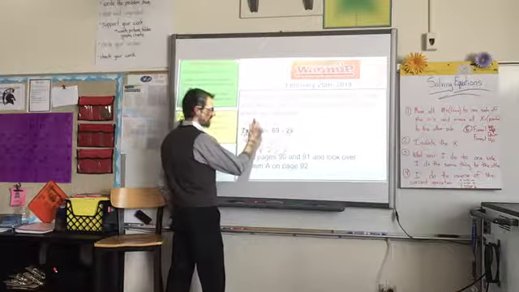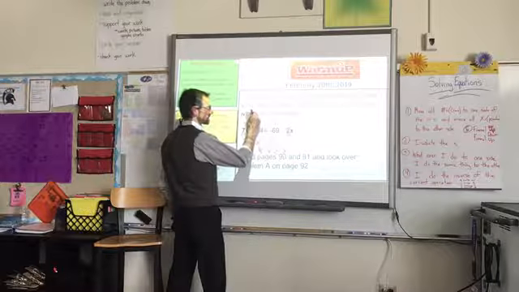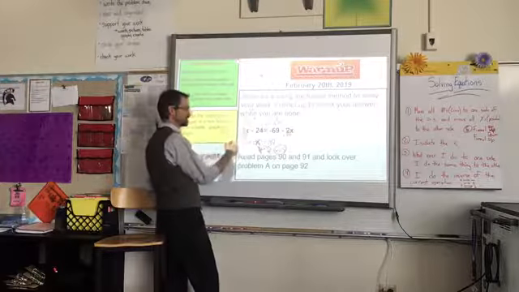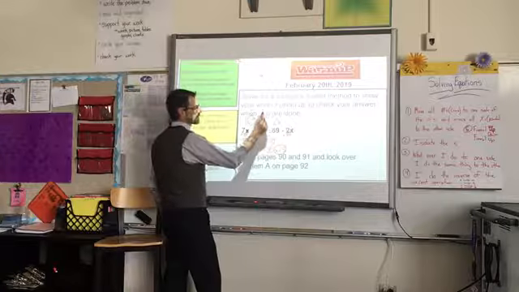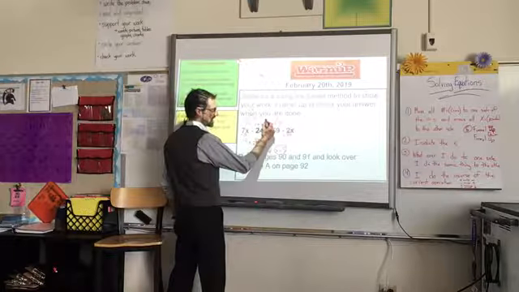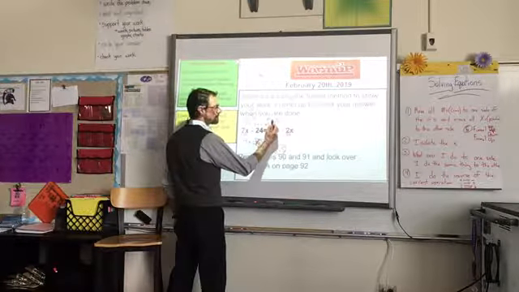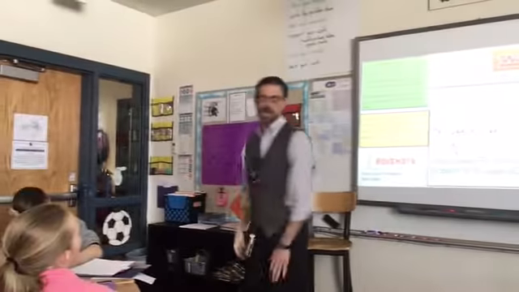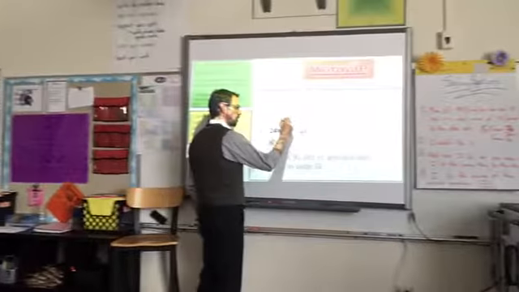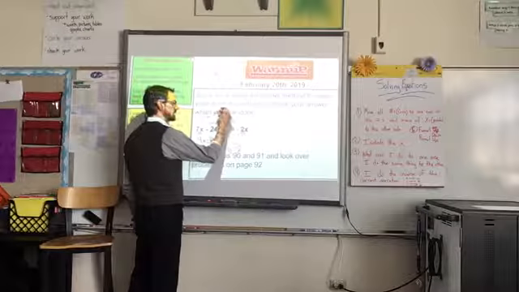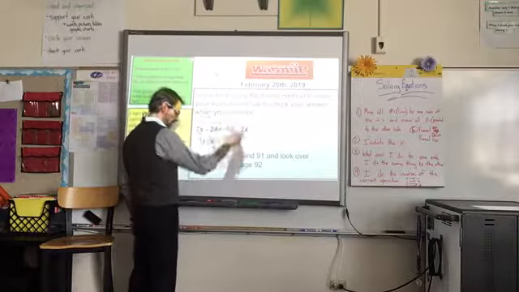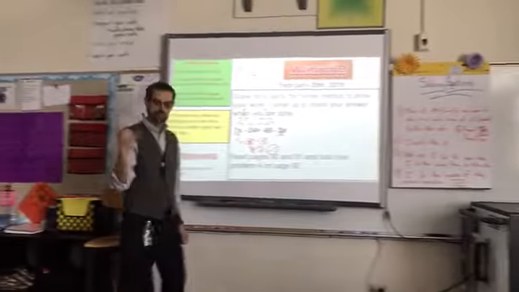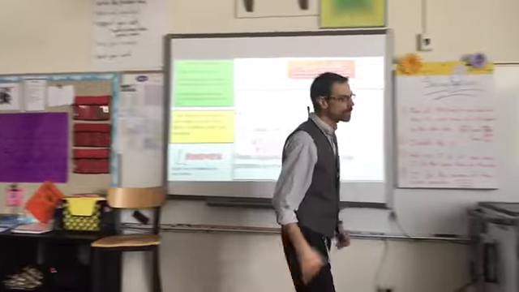Negative 35 minus 24 is negative 59. And then negative 69 minus negative 10. Subtracting a negative is like adding a positive. That's important, because it's like adding 10: negative 59. Boom. Okay. Questions about that?